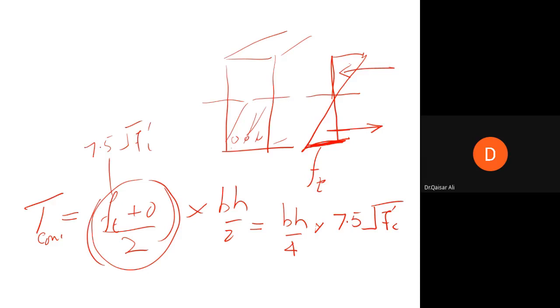And this value will finally be equal to how much? 7.5 divided by 4 is 1.875. So the tensile force in concrete, the tensile resistance of concrete, will be equal to 1.875 Bh into square root of Fc prime.